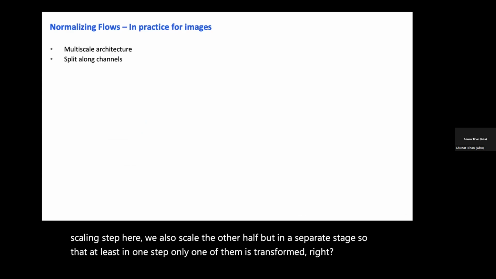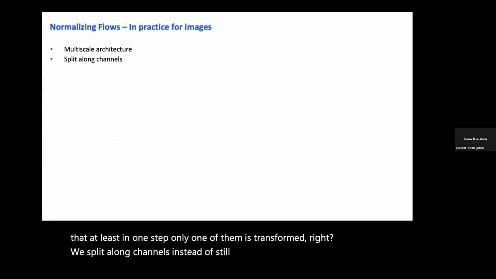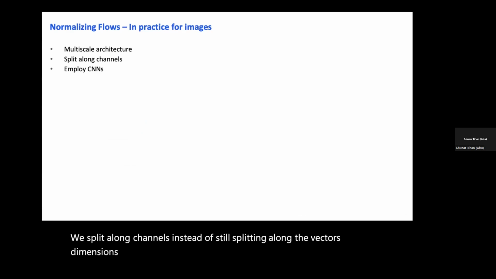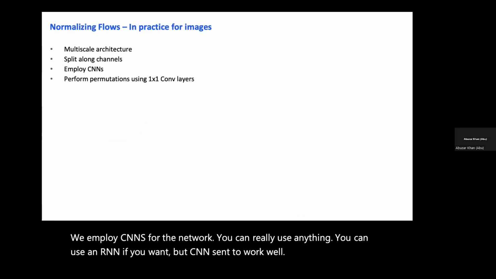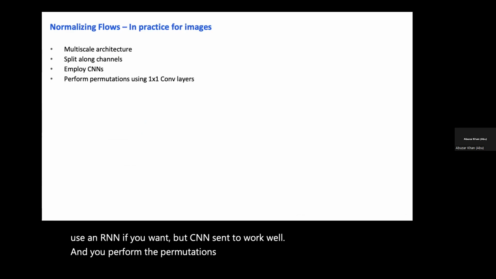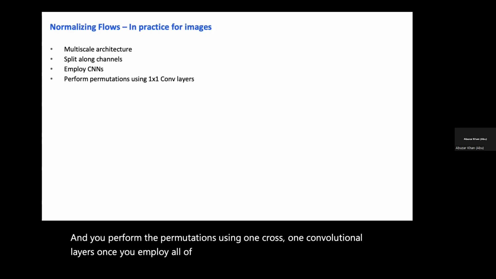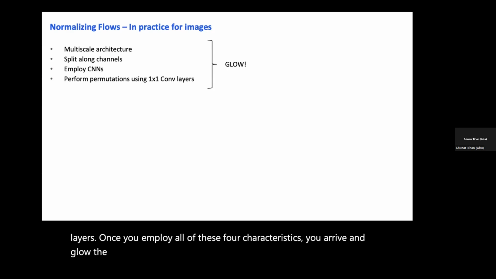We split along channels instead of splitting along the vector's dimensions. We employ CNNs for the network. You can really use anything. You can use an RNN if you want, but CNNs tend to work well. And you perform the permutations using 1x1 convolutional layers. Once you employ all of these four characteristics, you arrive at GLOW, the paper which largely produces the best results for normalizing flows.